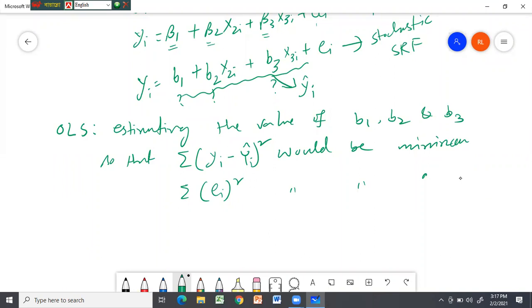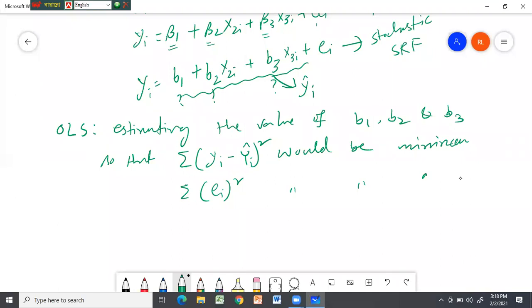So you will go through three partial differentiation processes, measuring each parameter value with the consideration that the summation of the square deviation between the actual value and estimated value would be minimum.